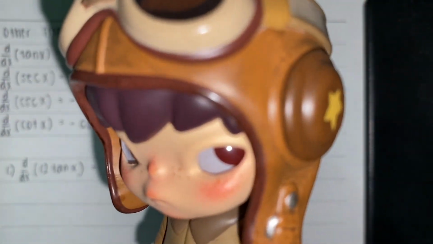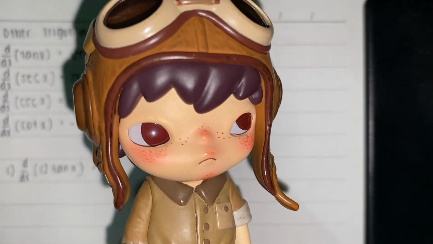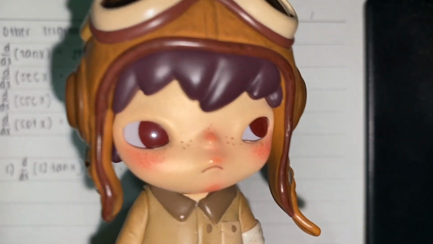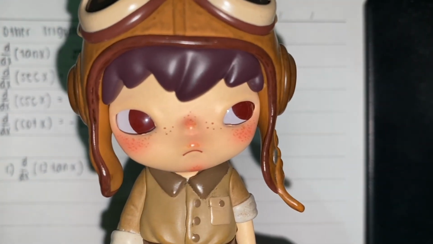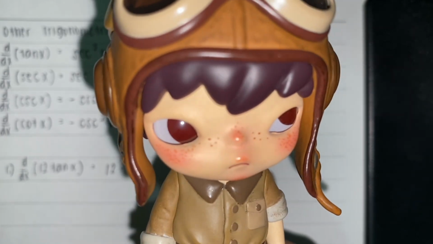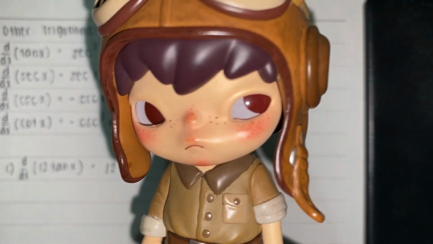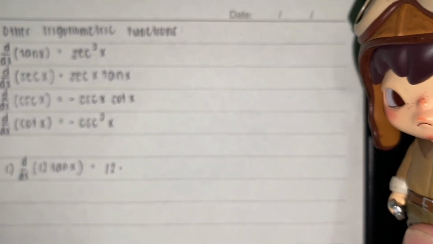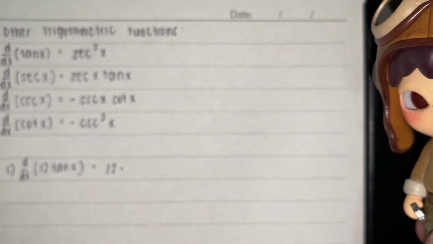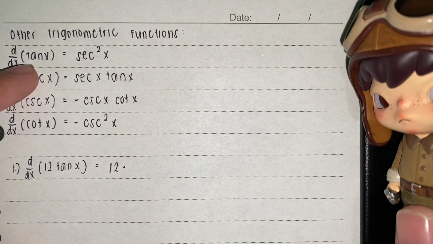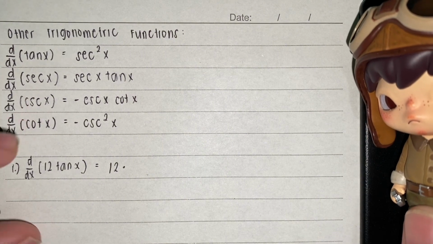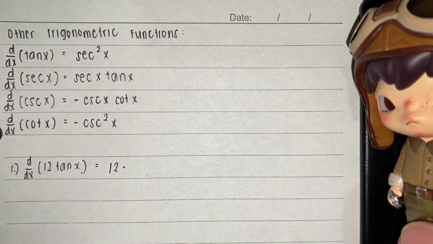In today's video we're going to tackle the other trigonometric functions that we haven't yet tackled in the first basic differential rules video. These are the tangent, secant, cosecant, and the cotangent.